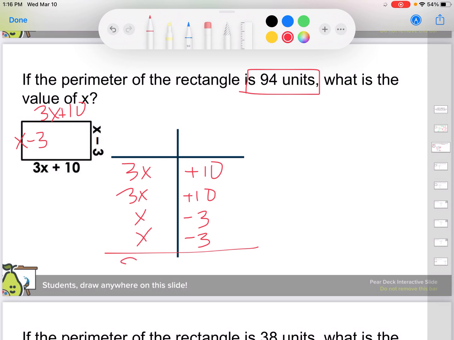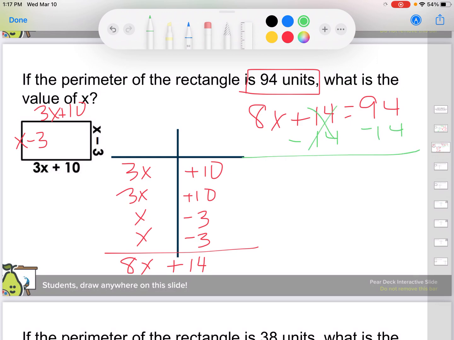So I have 8 x's, and then 10 plus 10 is 20, 20 minus 3 is 17, 17 minus 3 is 14. So 8x plus 14 equals 94. Now I'm going to subtract 14 on each side to create that zero pair. I'm left with 8x equals 80. Then I'm going to divide by 8 on each side.